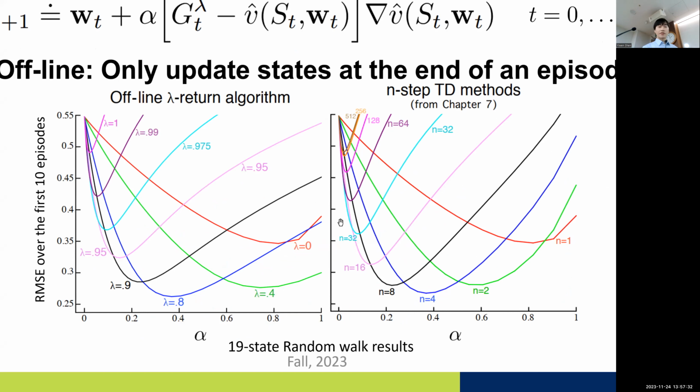If you compare these two graphs, this is what we learned previously, right? Alpha is the step size, and n is the number of steps. Which n is the best parameter to use? We realized that when alpha equals some number here and n equals 4, we get the best performance somewhere here. So this is what we learned previously.